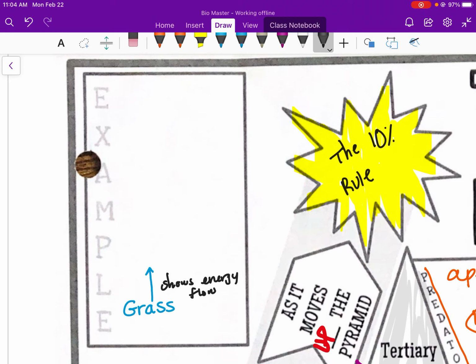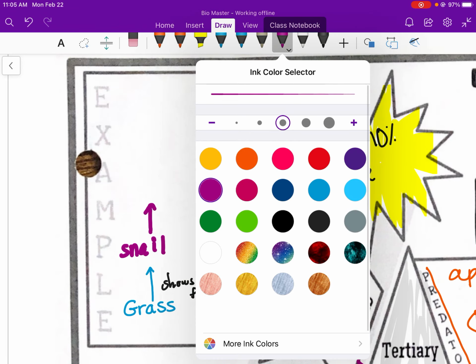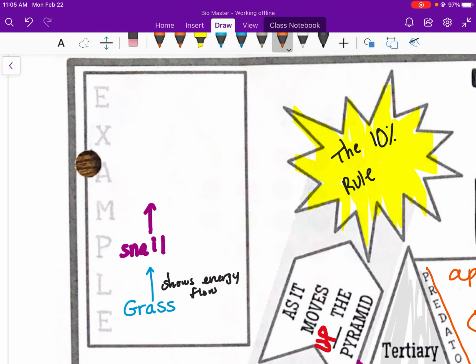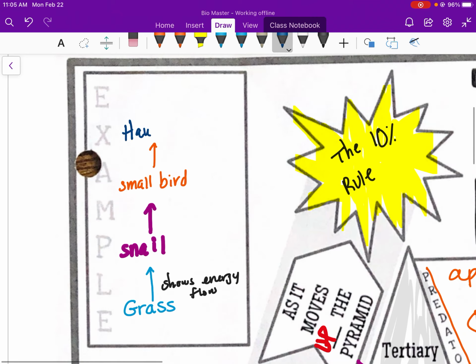Let's say the grass is eaten by, say, a snail. We'll choose orange. That snail is eaten by a small bird who is ultimately eaten by a hawk. There's always hawks.